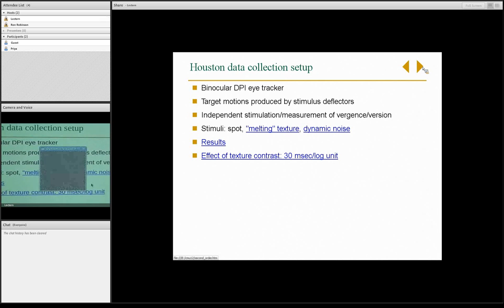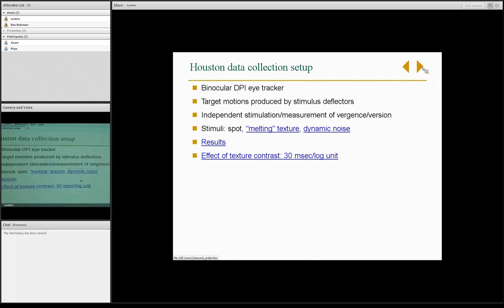What's interesting is that when you move this using the mirrors, it doesn't generate any left-right motion signal, but it does generate a stimulus for vergence, because the two eyes are seeing the same random noise at each instant. When one moves relative to the other, the eyes will still try to converge to keep that going. When you look at it, it looks like the thing is moving in and out in depth, and your eyes try to follow that.